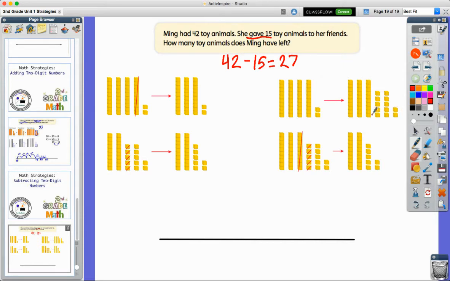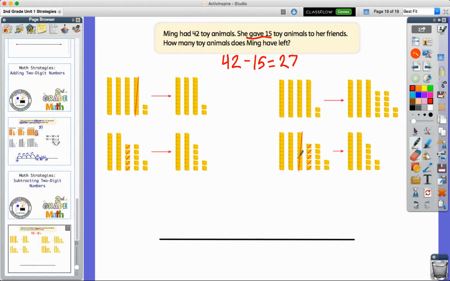So let's count to make sure we still have 42: 10, 20, 30. Here's a group of 10 makes 40 and 2. So now they're going to take away the ones. And we know we have to subtract 5 ones. So just like we did over in the other example, we can take away a group of 5 ones. They did that right there. And then they also go ahead and take away that group of 10.